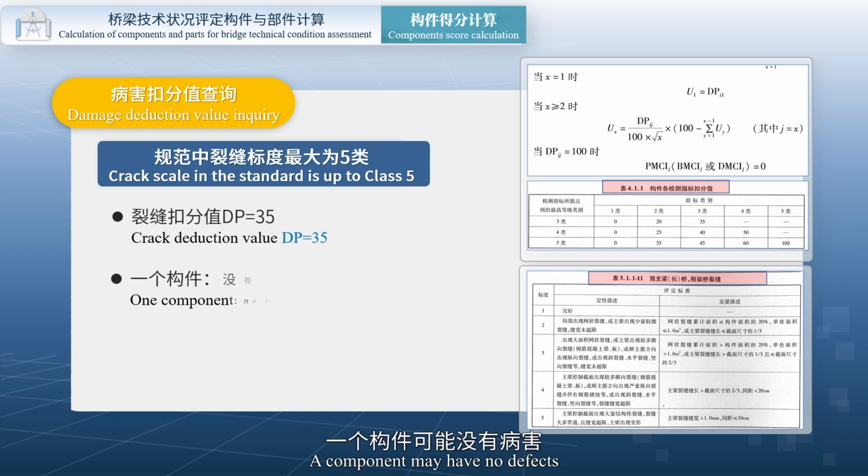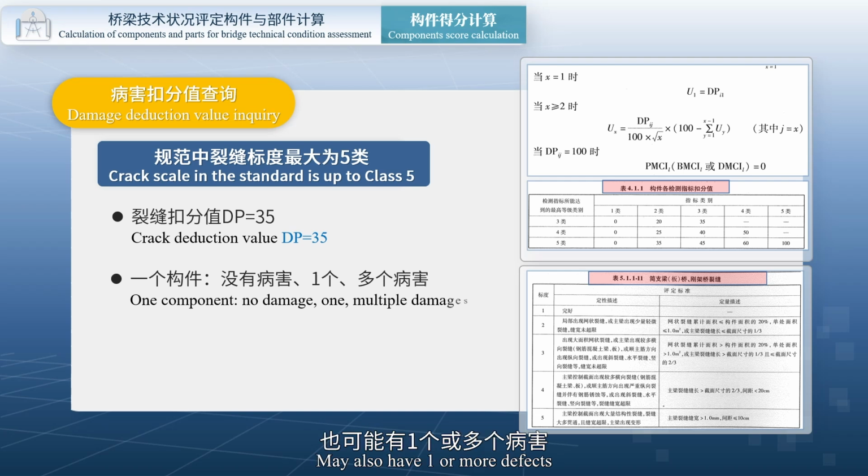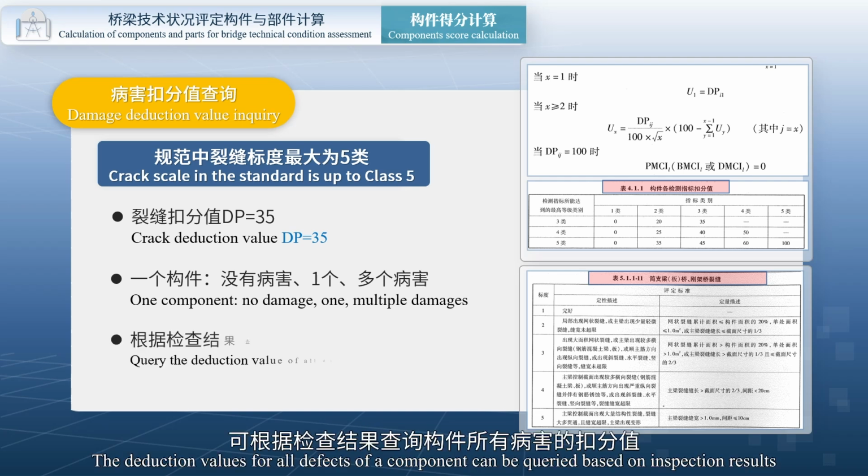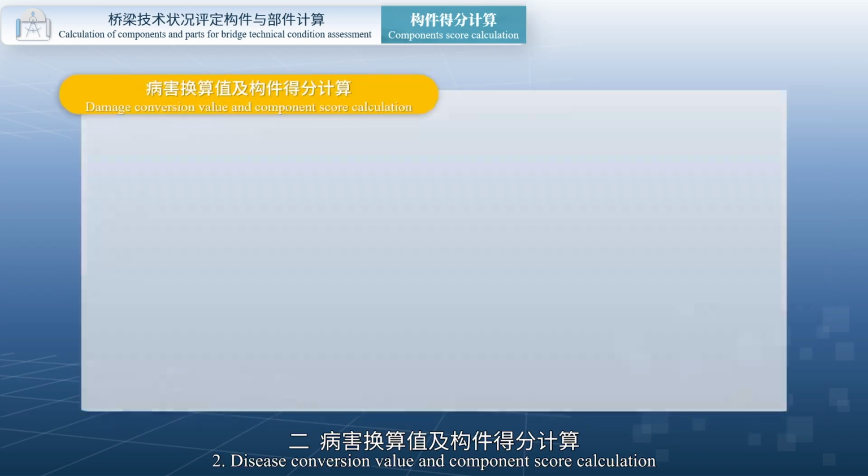A component may have no defects, or one or more defects. The deduction values for all defects of a component can be queried based on inspection results. Second, defect conversion value and component score calculation.